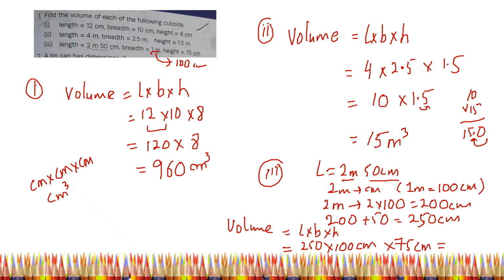Now when you multiply these three together, that is 250 multiplied by 100, you will get 25,000, and 25,000 multiplied by 75 will give you 1,875,000, right?